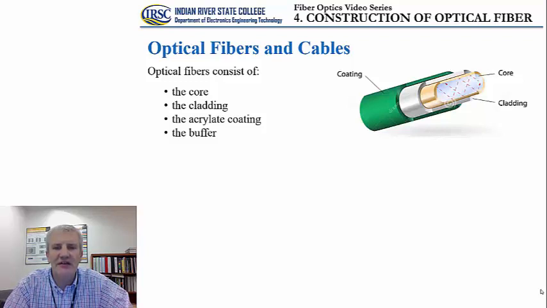Then the second layer shown here in a gray color is the cladding. Then we have a green colored layer, the so-called acrylate coating, and finally the buffer that's not shown in this picture here. So the basic elements of the optical fiber again are the core, the cladding, the coating, and finally the buffer.